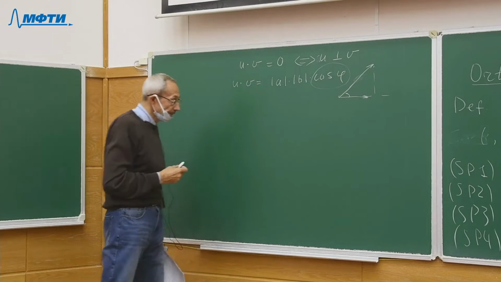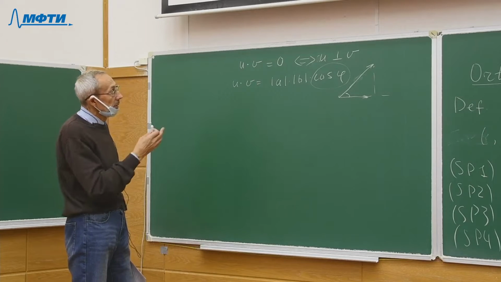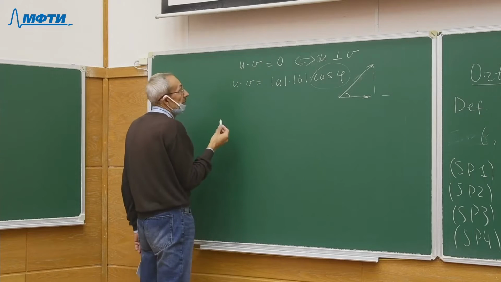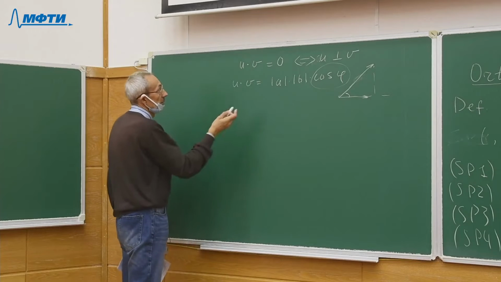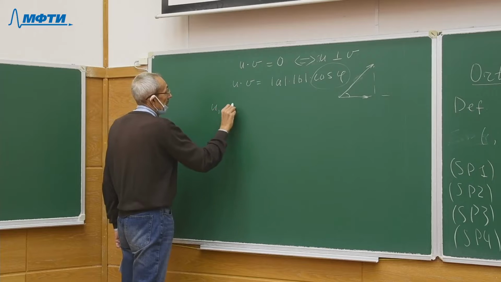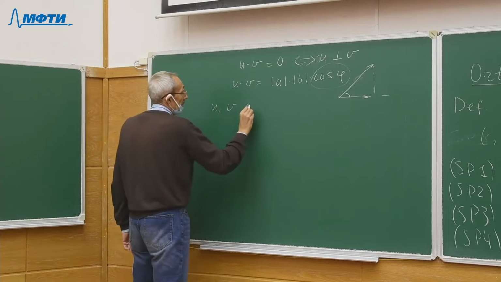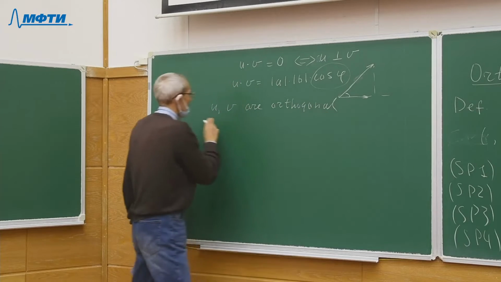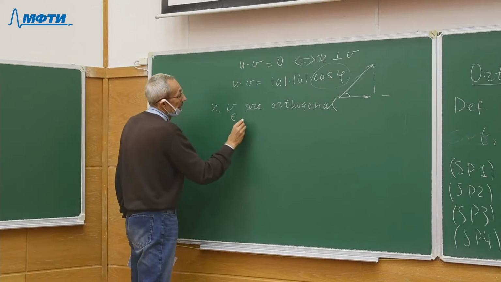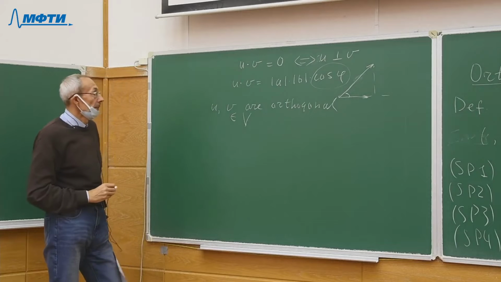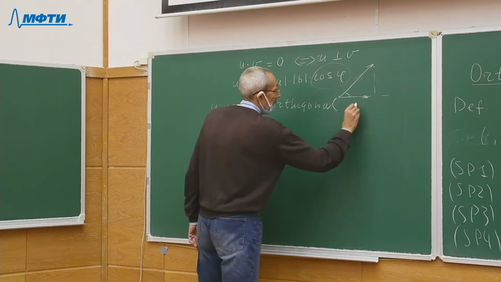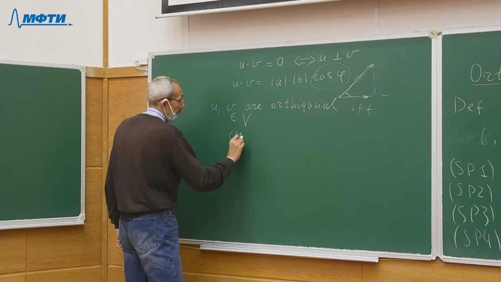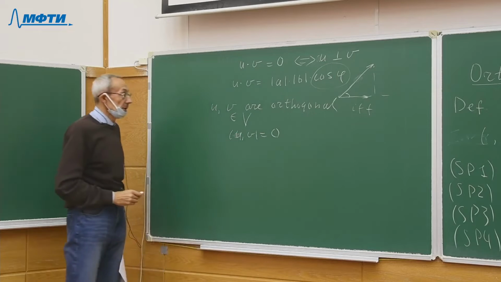We can use this analogy and define orthogonal vectors, perpendicular vectors. We say that two vectors u and v, which belong to vector space V, are orthogonal if and only if their scalar product is equal to 0.